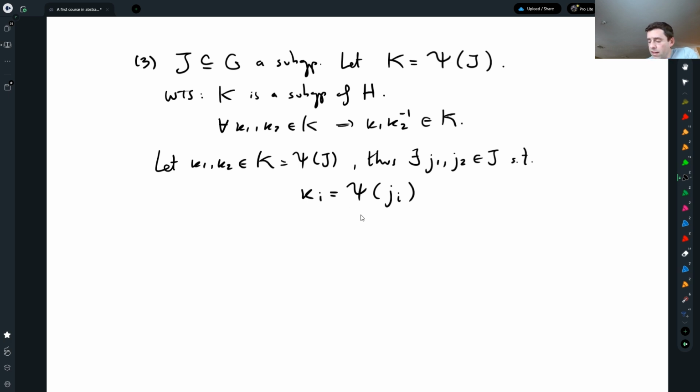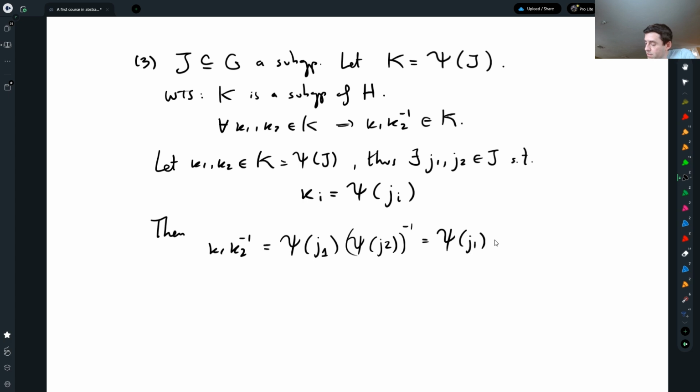And then let's see how much is K1 K2 inverse. K1 is psi of J1, and K2 is psi of J2, inverse. But by the previous property, I know that the inverse of a psi is a psi of the inverse. So this is psi of J1, psi of J2 inverse. And now I can use the property of homomorphism to put those two psi's together into one, psi of J1 J2 inverse.